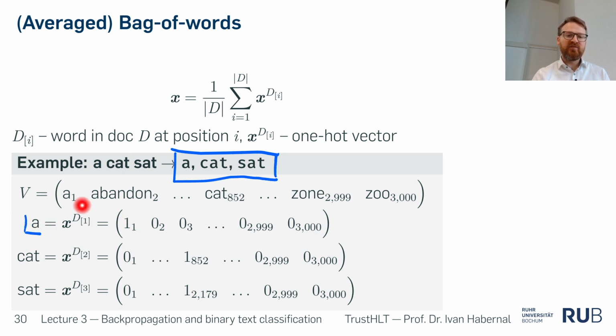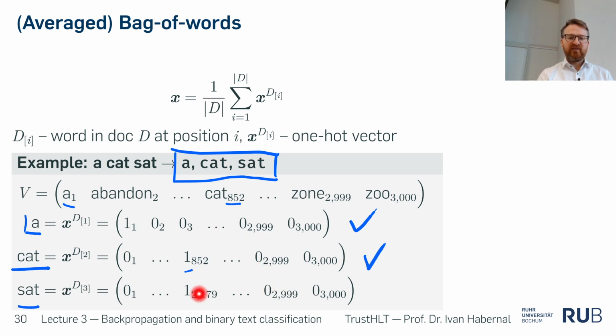This vector, because at position 1 in the vocabulary we have A. So 1 at position 1, and then zeros until the end. That makes sense? This is how we represent A. To represent cat, again we look up in the dictionary, and at position 852 it's 1, and everything else is 0. Then the last word, said, the same kind of thing.